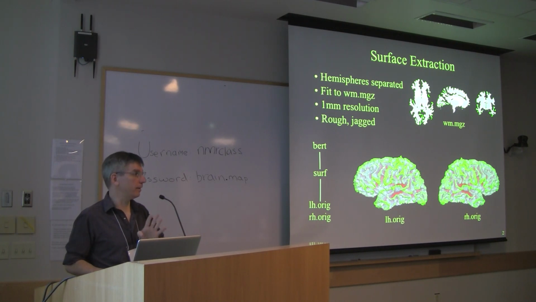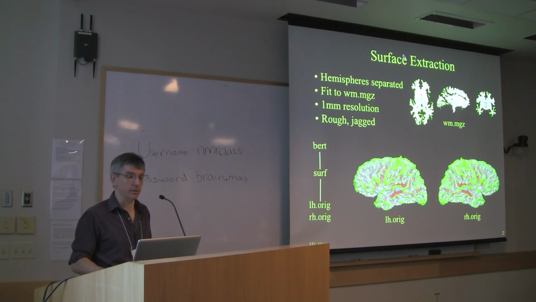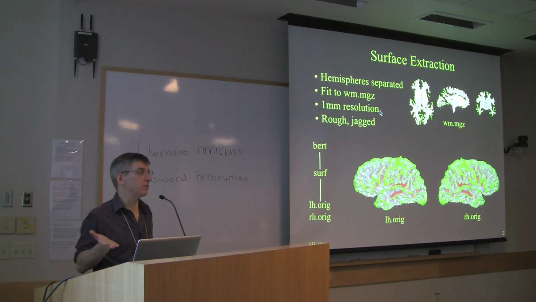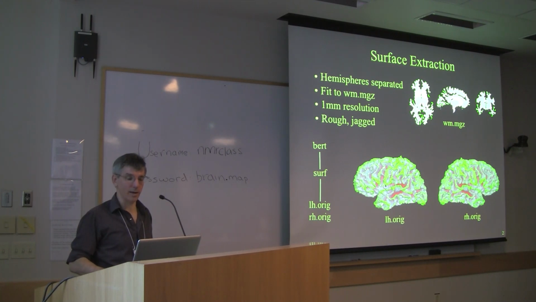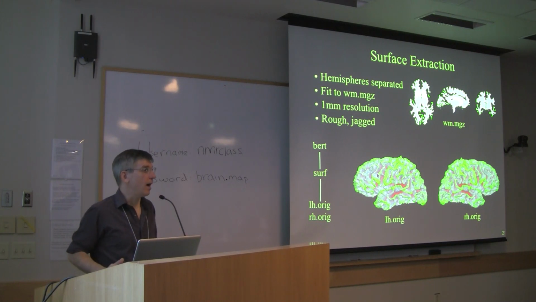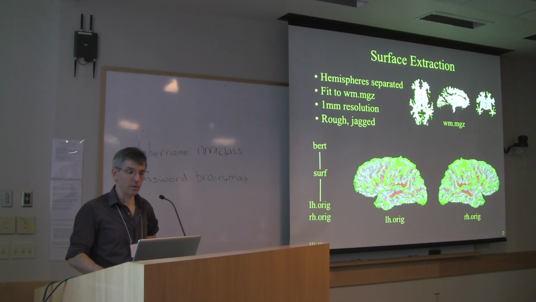And now we're stepping into this brave new world of surface-based analysis with the surface extraction, which starts with this wm.mgz, dipping it in chocolate essentially, or whatever this green stuff is, that glues itself to the outside of it. And now we can render this as an actual surface using a surface rendering program. And so this is where we get this lh.ridge from.